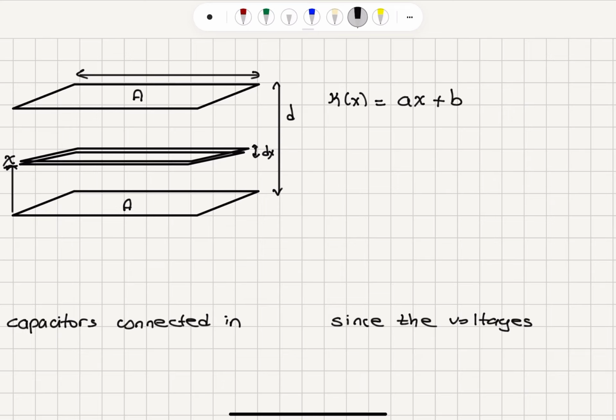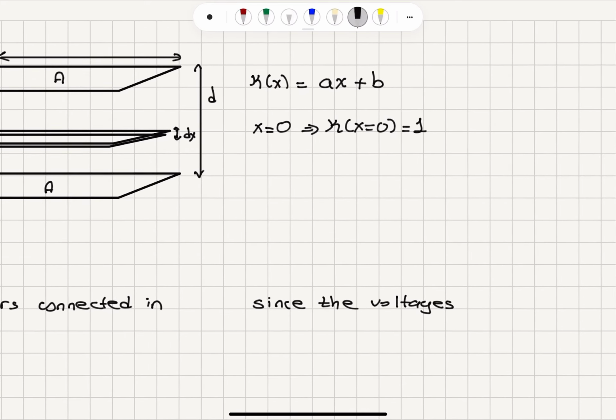When x is equal to 0, we are at the bottom plate. Kappa at x equals 0 is equal to 1. So if I substitute x equals 0 here and say that this should be 1, this implies that b must be equal to 1.